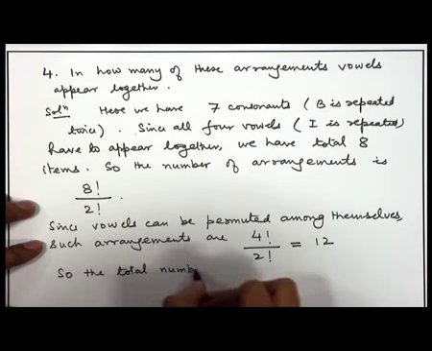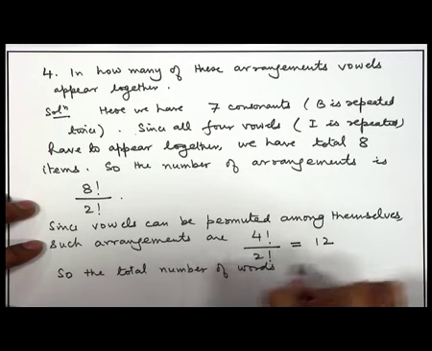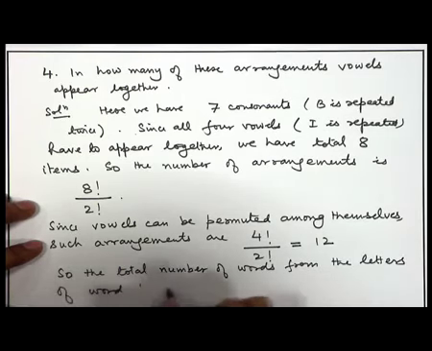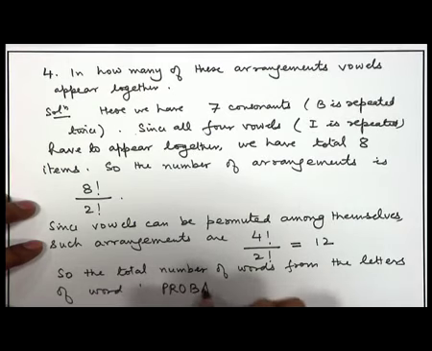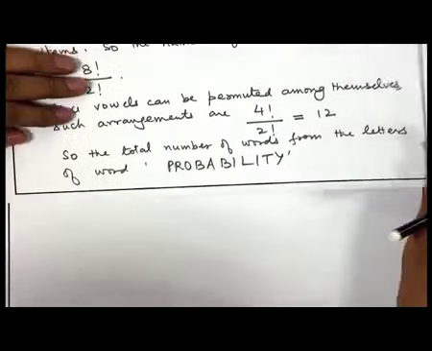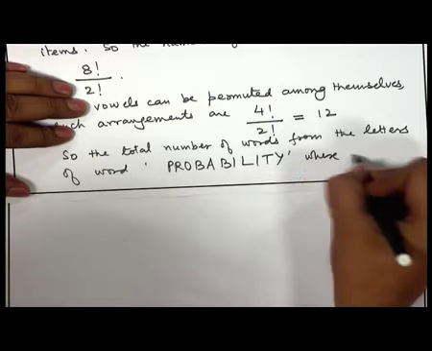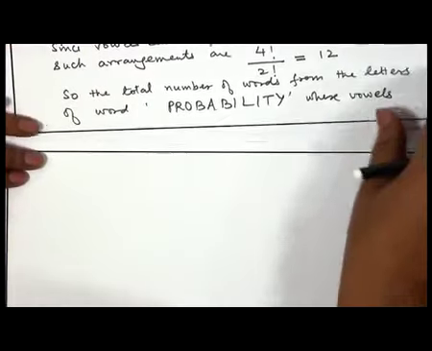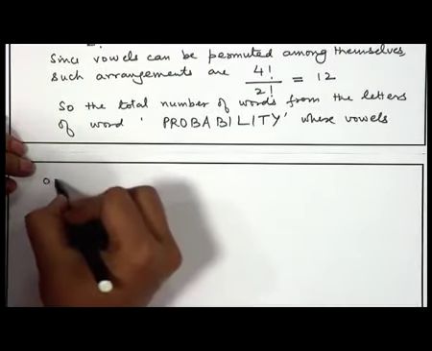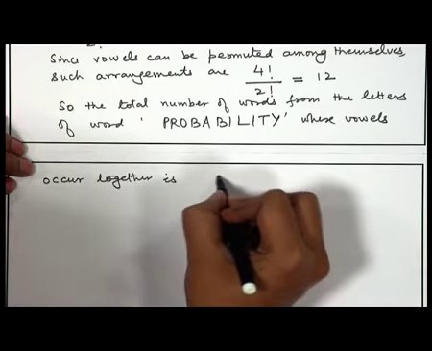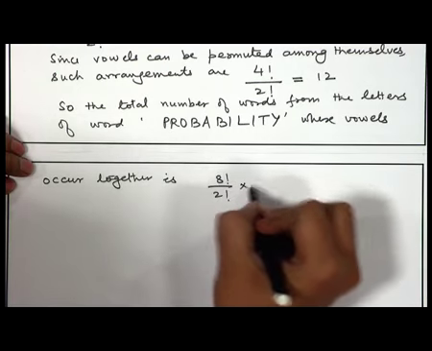So, now the final number of words from the letters of the word PROBABILITY where vowels occur together will become 8 factorial divided by 2 factorial into 12.